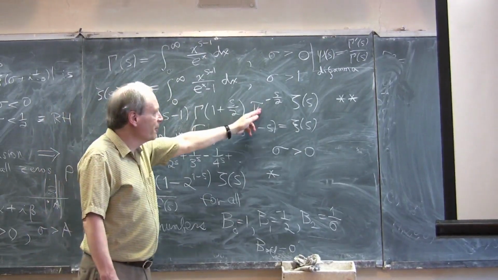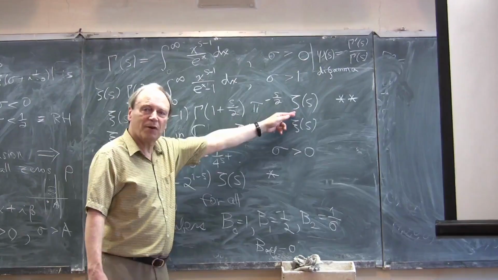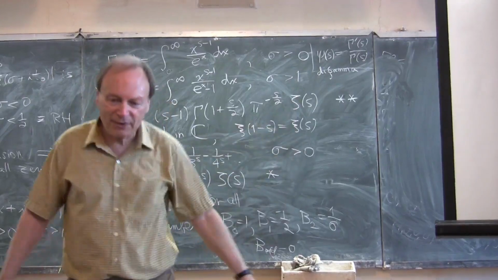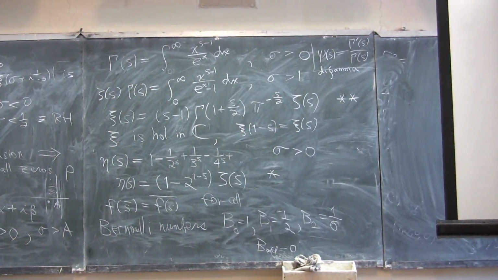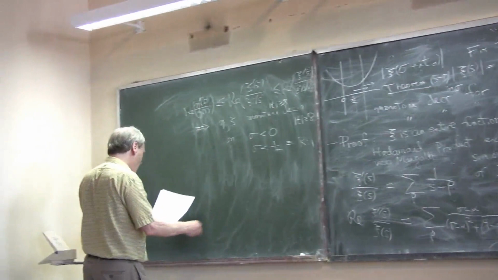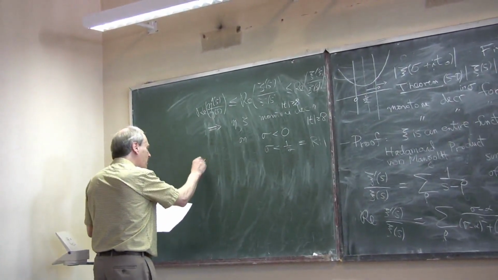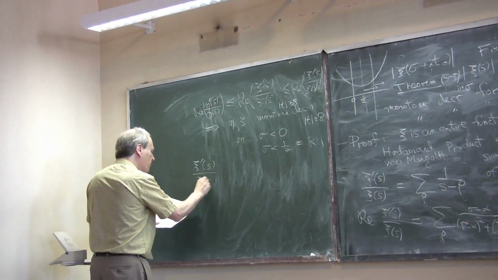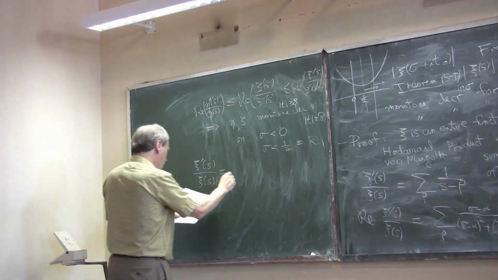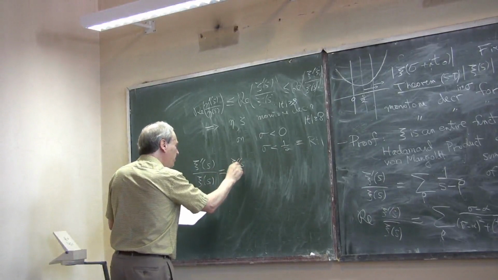You'll get the logarithmic derivative of this plus zeta prime over zeta. And I'll just write out that formula. So here's what you get. Psi prime of s. So it's zeta prime of s.